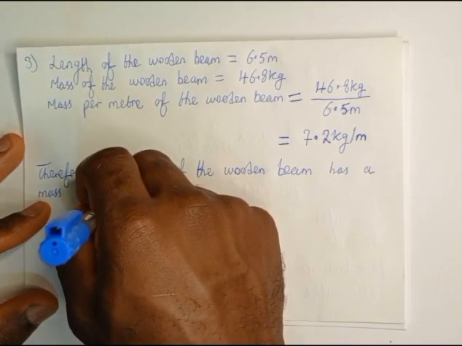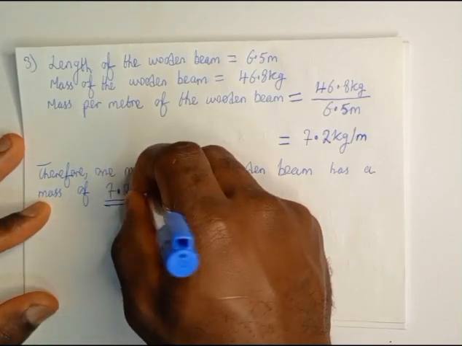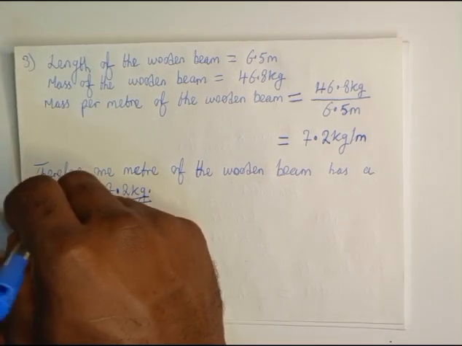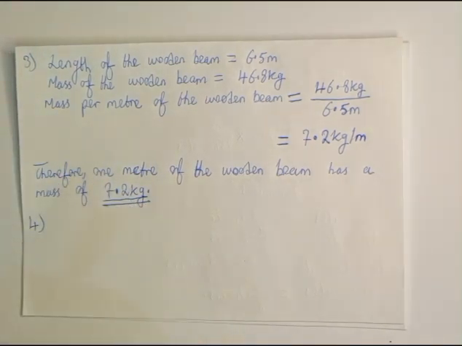Underline the mass of 1 meter of the wooden beam. If we take the mass of 1 meter of the wooden beam, which is 7.2 kilograms, we multiply by the total length of the wooden beam, which is 6.5 meters, we are going to obtain the total mass of the wooden beam, which is 46.8 kilograms. We move now to question 4.